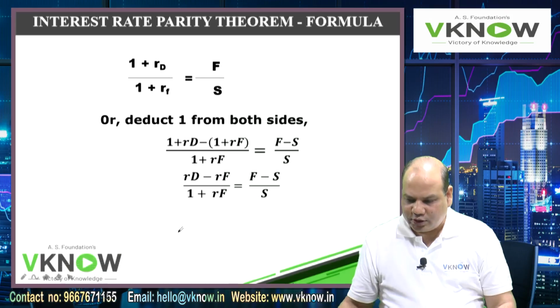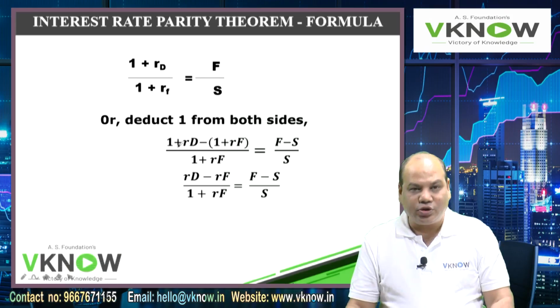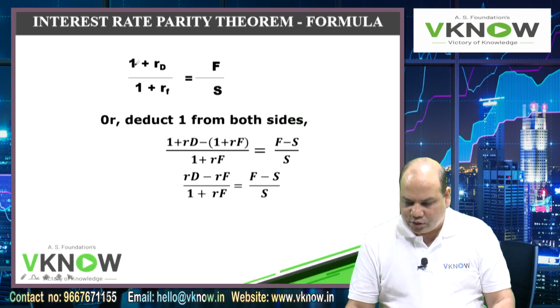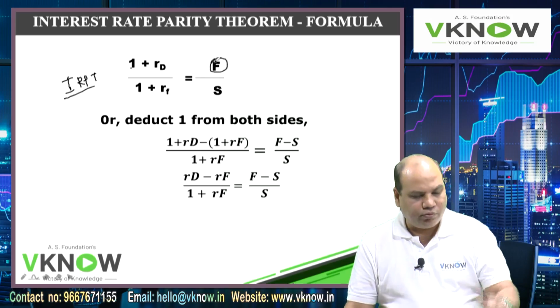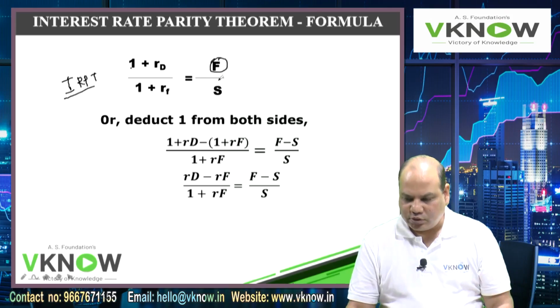Those who are interested can understand the derivation of the formula, otherwise just remember. This is the IRPT equation. Some minutes ago we proved this equation by finding the value of F which was matching with the above story. Now 1 plus RD upon 1 plus RF equal to F by S.